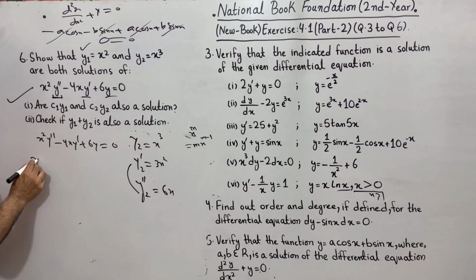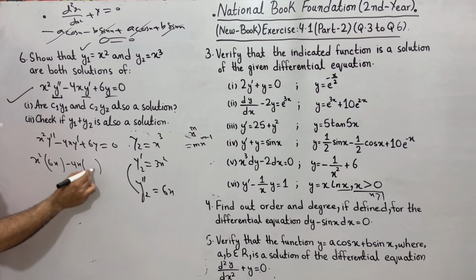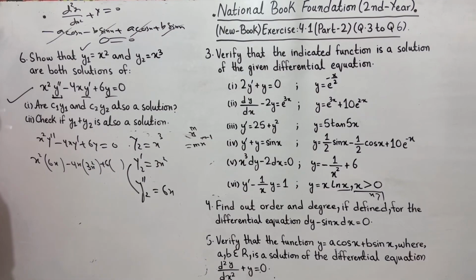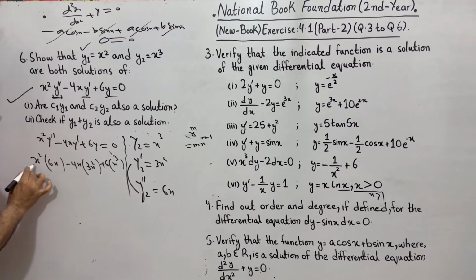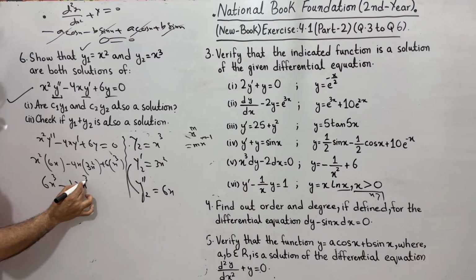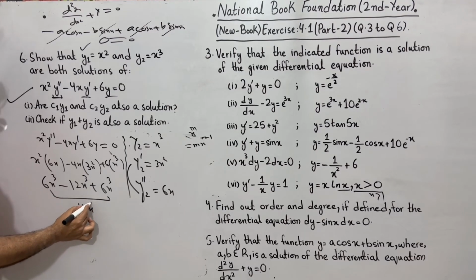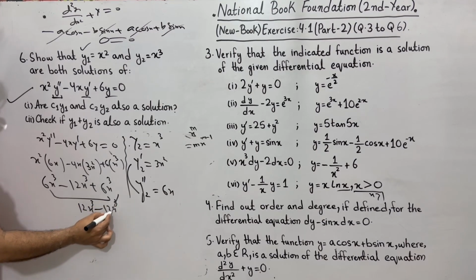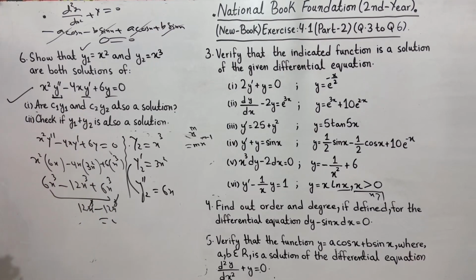The double derivative is 6x, so x square times that is 6x cube, minus 4x times the single derivative 3x square, that is 12x cube, plus 6y, where y means x cube, that is 6x cube. 6x cube plus 6x cube is 12x cube, and minus 12x cube cancels out. Yes, both y1 and y2 are solutions of this one.